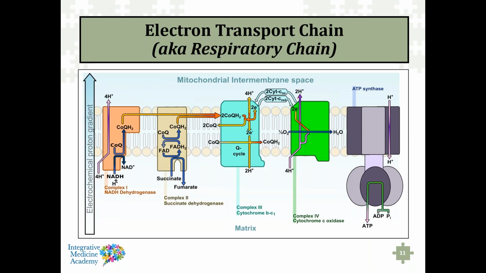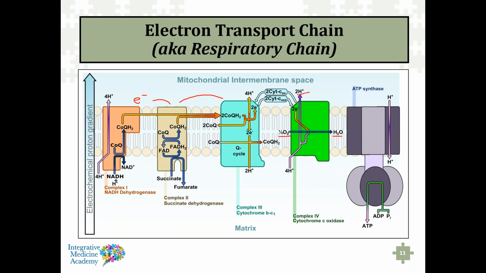So if we zoom in a little bit closer into the electron transport chain, essentially the name tells us what's happening. We're transferring electrons along a chain reaction through these different complexes where we convert oxygen into water.